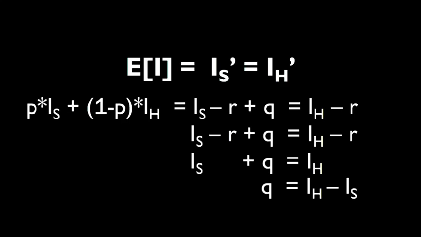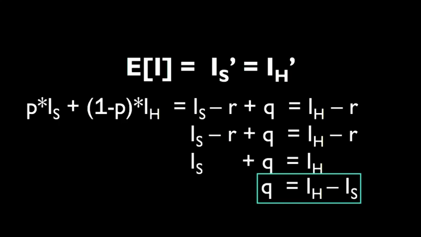And what this gives us is Q equals IH minus IS. Voila, we just solved for the payout. So this is what the insurance company needs to give their customers in the event they get sick. Okay, what do they need to give them? They need to give them IH minus IS.